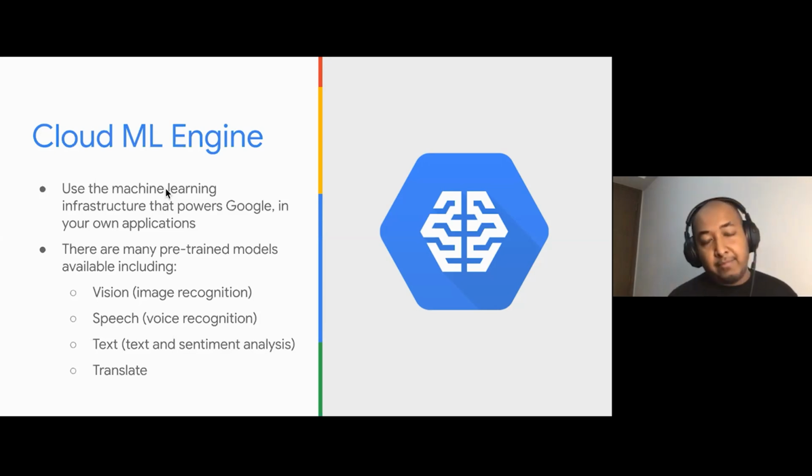You don't have to have a bunch of images in order to have a trained model, so that once you upload a certain image, it'll recognize the tags, the attributes, etc. So all of these, vision, speech, text, Google has done already. And Google has provided all these services as APIs for you to use. These are pre-trained models.